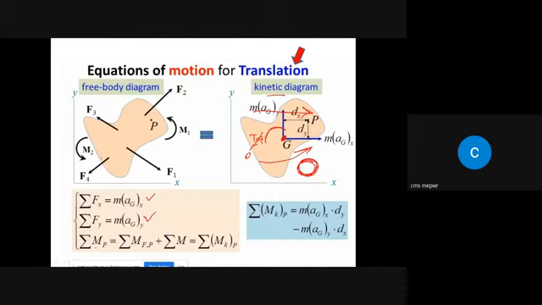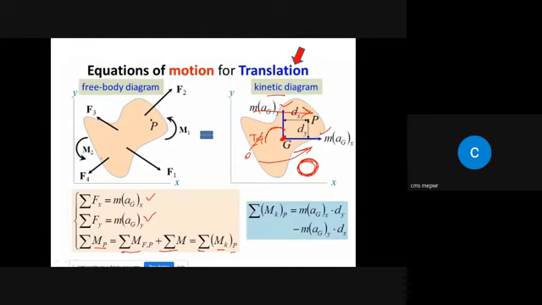The moment due to externally applied forces plus the couple should be equal to MKp, right? Which is the kinetic moment about any arbitrary point P. Now in this case, if you want to find the moment about point P, the moment due to this force will be zero, and there is no rotation, so there will be no moment at all.